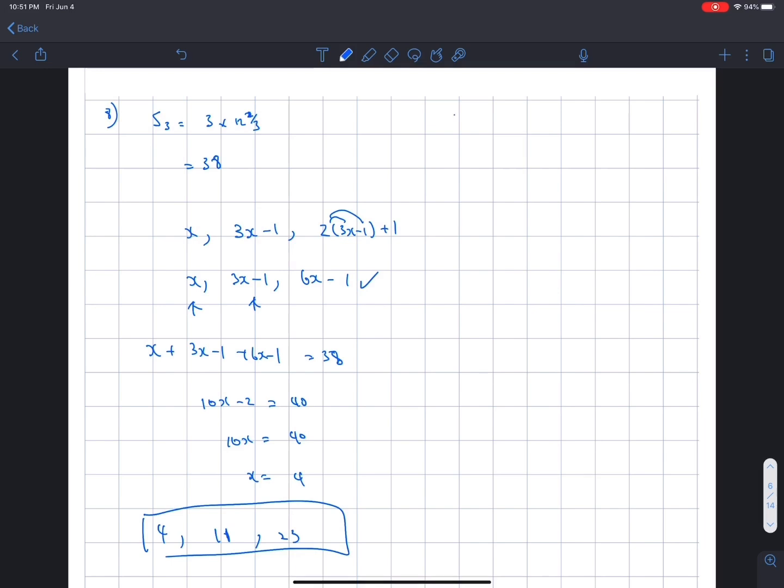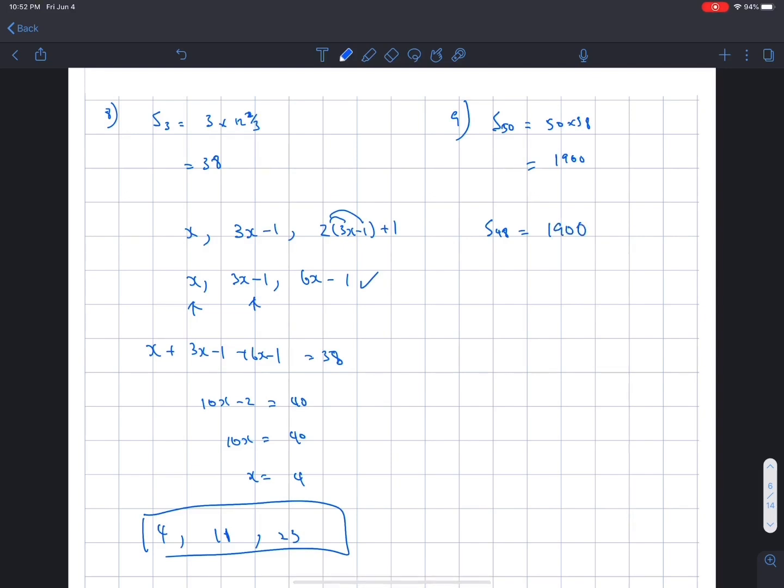Okay, the last question is question 9. The mean of 50 numbers is 38. So the sum of the 50 numbers is 50 times 38. We get 1900. If the numbers 45 and 55 are removed from the set of 50 numbers, so if we remove two numbers, we have 48 numbers left.